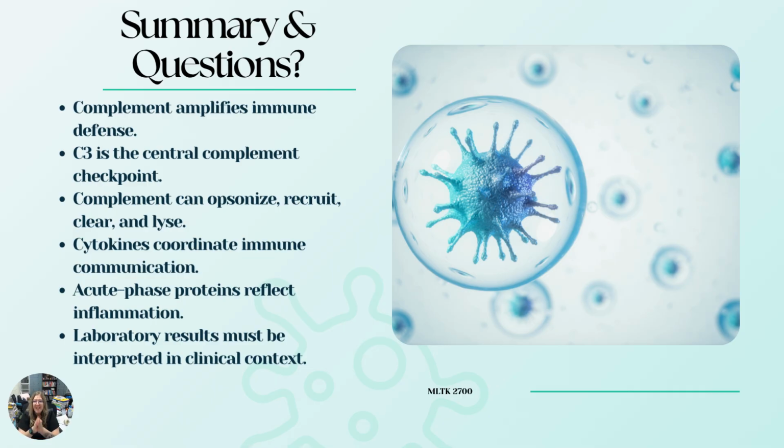So, if you remember 6 things from this lesson, remember these. 1. Complement is an amplifying protein cascade. 2. There are 3 activation pathways, but they converge around C3. 3. Complement can coat, recruit, clean up, and kill. 4. Cytokines allow immune cells to communicate and coordinate their response. 5.